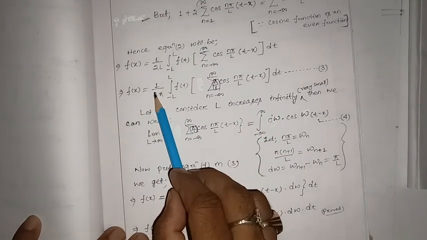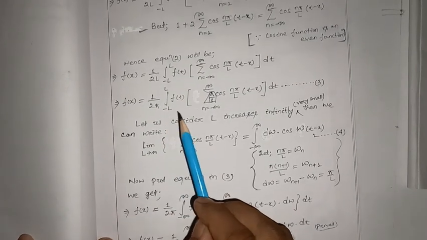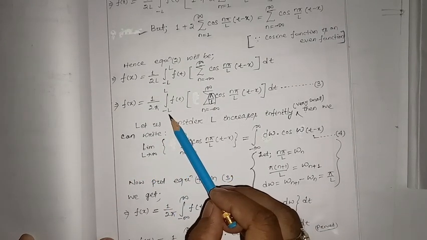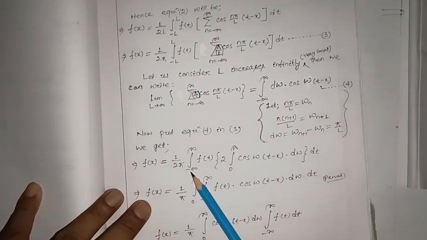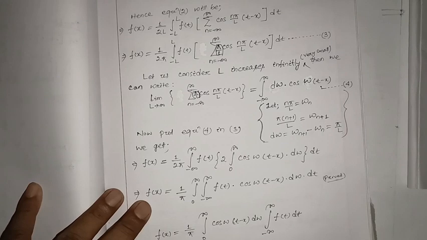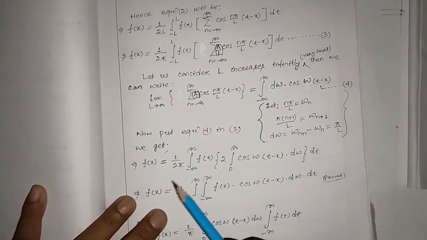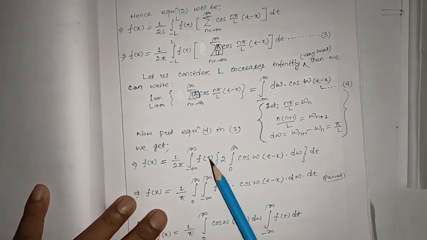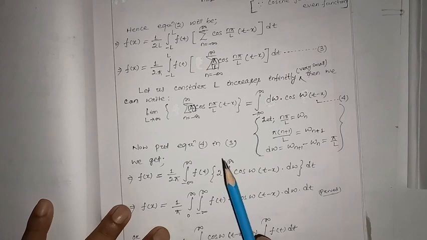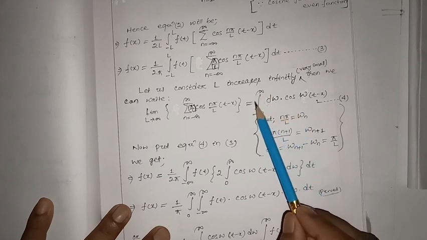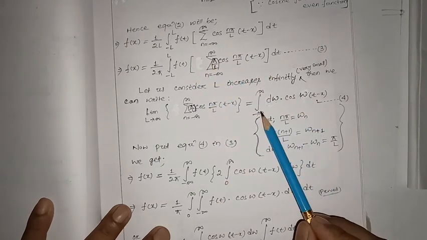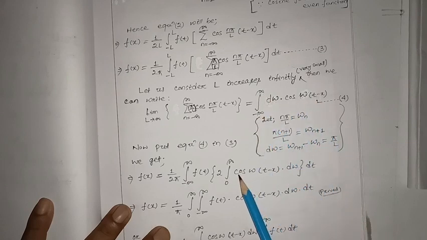So f(x) will be equal to 1 by 2 pi, integral from minus infinity to plus infinity, because we considered L increasing infinitely, so minus L to L changes to minus infinity to infinity, of f(t), and here we can put this value, cos omega (t minus x) d omega, from minus infinity to plus infinity.